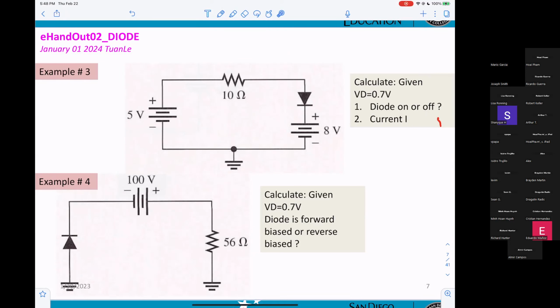So the voltage on the anode is less than 0.7 above the cathode, so the diode will be off. That's easy to recognize. What is the current when it's off? It will be open. So 0. Perfect. The diode will look like an open circuit, so the current flow here is I equal 0.